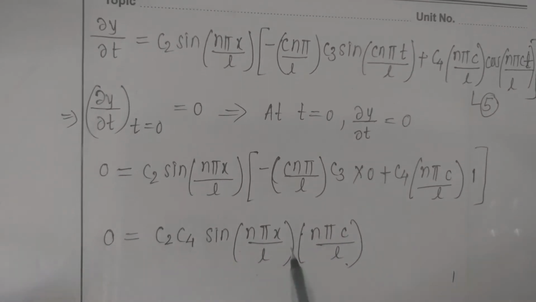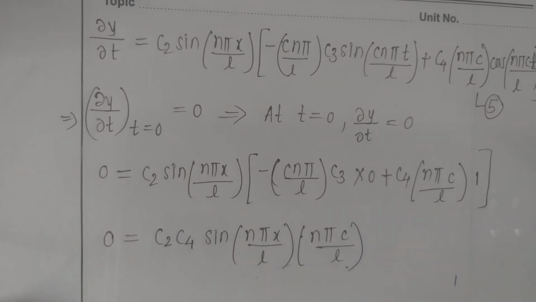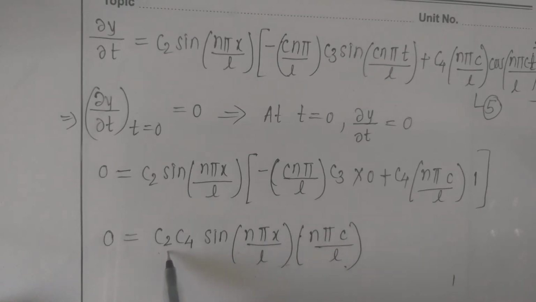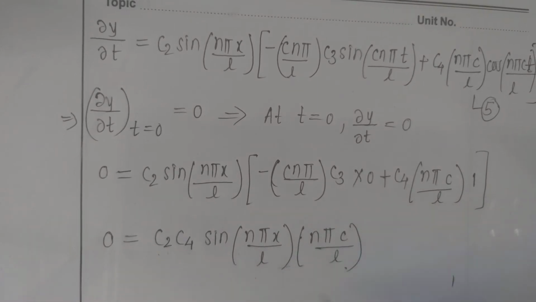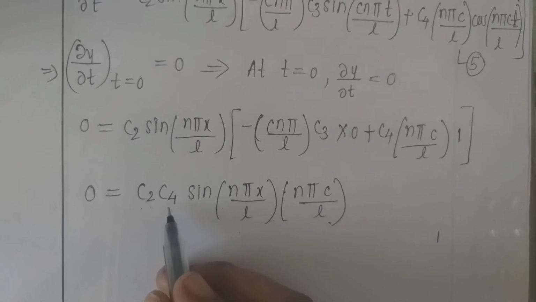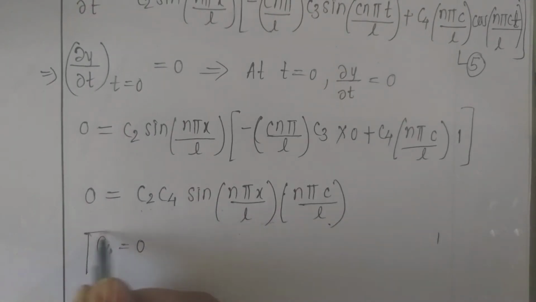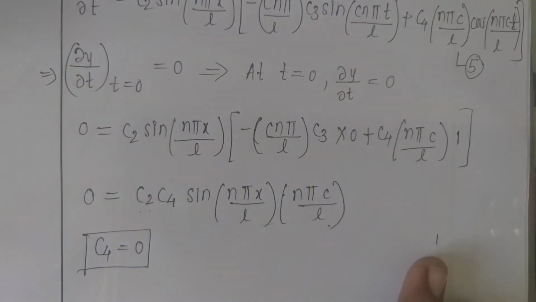Now see, sin(nπx/L) cannot be 0, because if this is 0 the complete solution becomes 0. Same for C2, it cannot be 0, because then the whole solution becomes 0. C3 is a constant, so it does not have any problem. Next is C4. Only the C4 value becomes 0 here. If C4 is equal to 0, then the complete solution will not be 0.